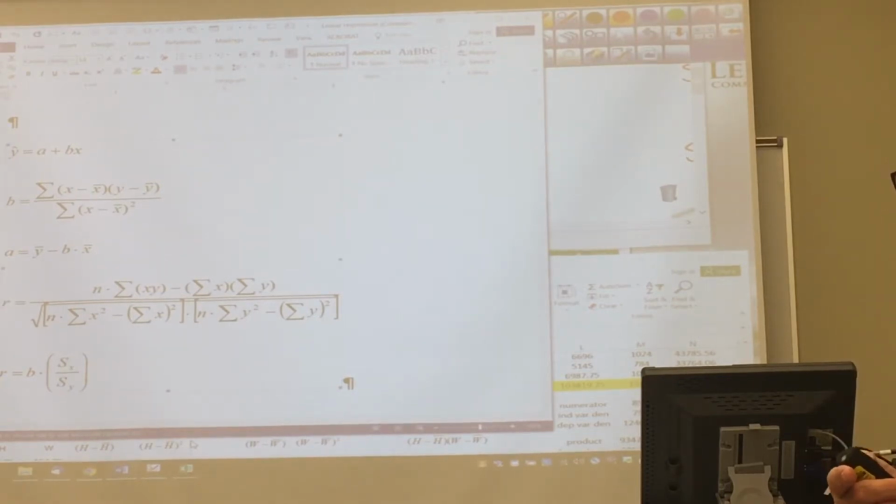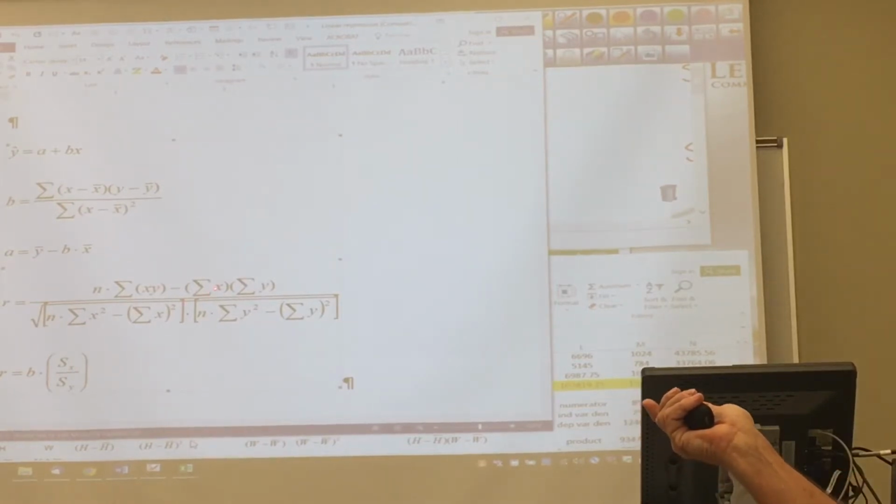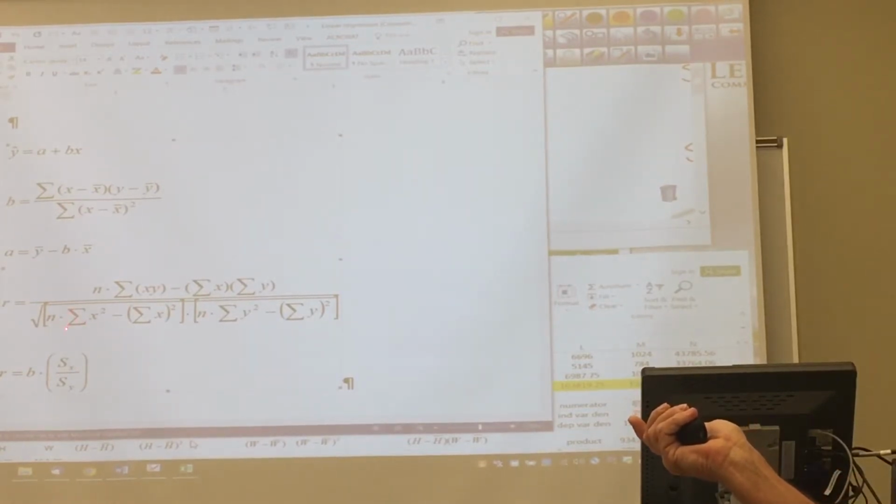Whichever one you happen to write down on your 3x5 index card is the one that you will use, because I won't give you the formula. Or I might give you this formula, but just remember you're allowed to have your 3x5 index card with your handwritten formulas, front and back. If you write that, then you can use that.